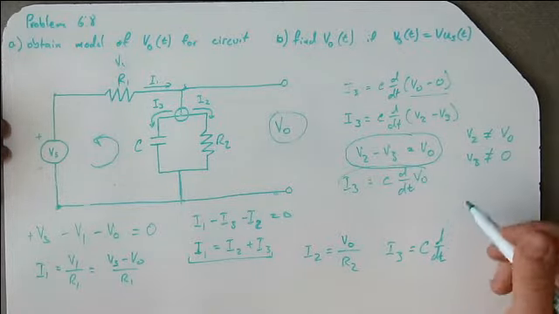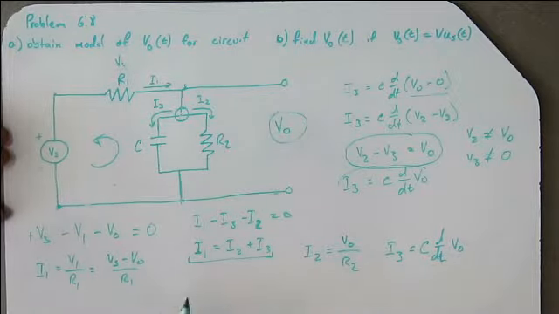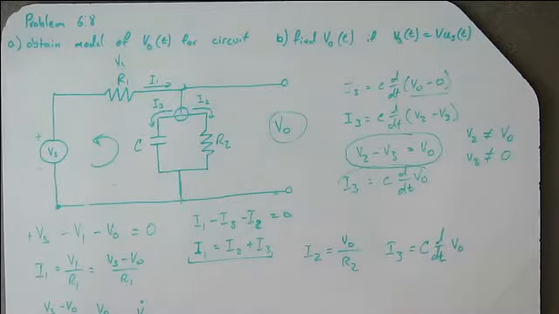And like I said, we're calling that voltage drop V out. Alright, so then we do get the equation that is given in the solution, that we then solve for V out.